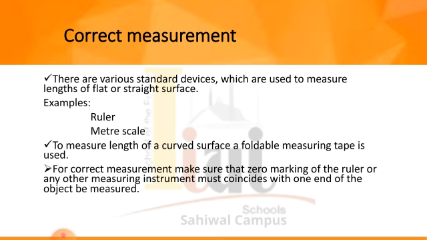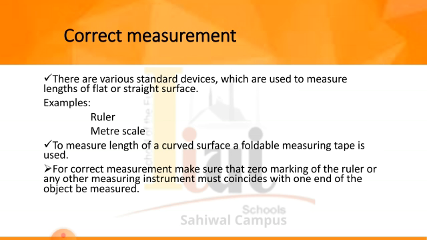For correct measurement, make sure that the zero marking of the ruler or any other measuring instrument that you use must coincide with one end of the object to be measured. For example, on page number 122, you can see the correct measurement of a box.